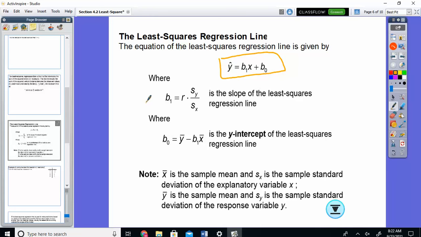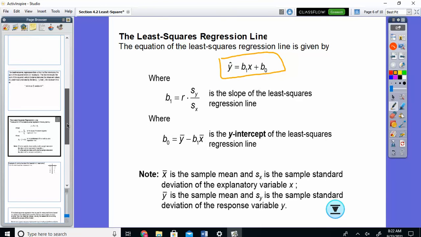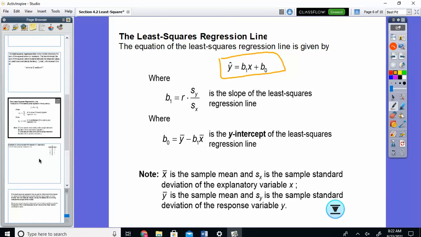We're going to use the calculator a lot of times to write this. This is where that line of best fit comes from in your calculator. This is actually what it is doing when it finds that best line. Again, all of that is directly off your formula sheet, so you don't have to memorize any of that.